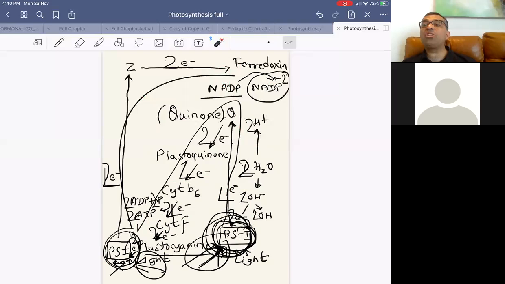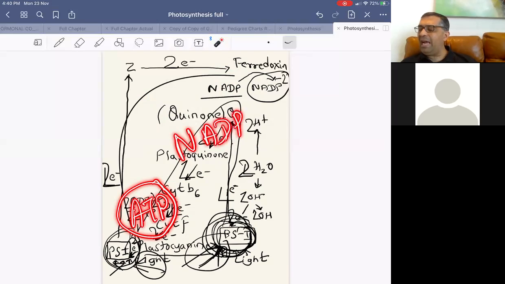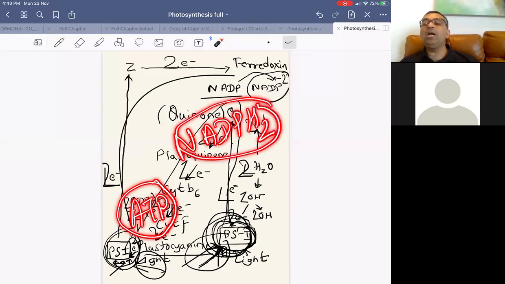जो energy rich है. एक तो हो गया ATP जो energy rich है, और दूसरा हो गया NADPH2 जो energy rich है. And both ATP plus NADPH2 are formed by the process called non-cyclic photophosphorylation. तो ATP और NADPH2 दोनों बनते हैं, cyclic में ATP बनते हैं.